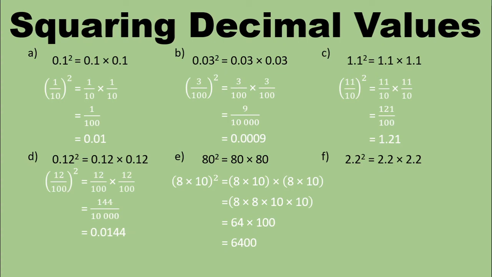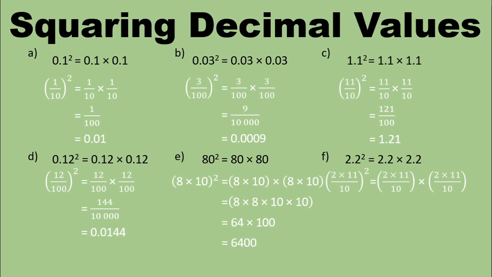Using that same idea, we can go on and do 2.2 squared. I know we didn't learn 22 squared, but you should notice that 2.2 squared is the same thing as 2 times 1.1 in brackets squared. And we've done that above in C. So that's 2 times 11 over 10 times 2 times 11 over 10. Multiplying our fractions together, we'll multiply our numerators.